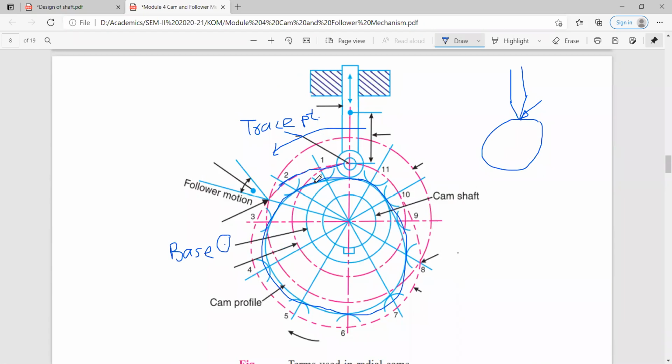In practice, when the cam and follower are in service, the cam will be the rotating one. But here we are assuming that the cam is stationary and we are rotating the follower over it. So if you rotate it like this, then the path of this trace point, which is similar to the cam surface, is known as the pitch curve.